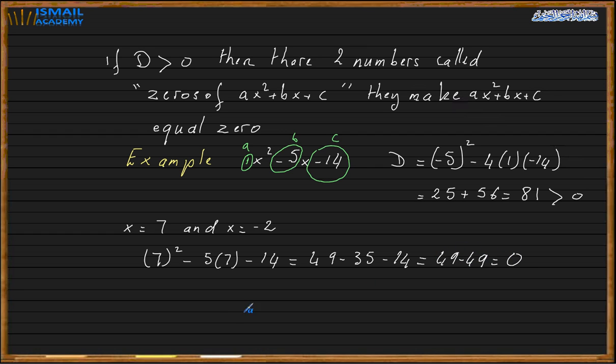You see, it becomes 0. So 7 is a zero of that quadratic expression. If I plug in minus 2, I will have the same thing: minus 2 squared is 4, minus 5 times minus 2 is plus 10, minus 14, which is 14 minus 14 equals 0.